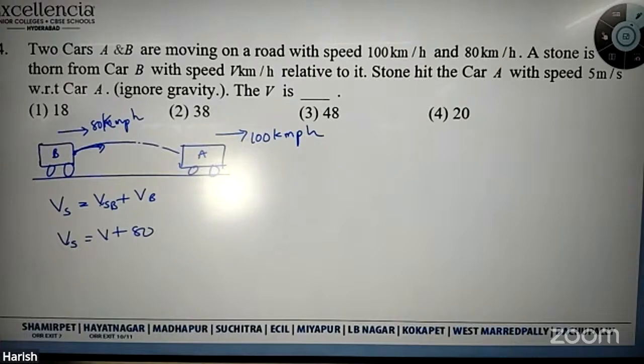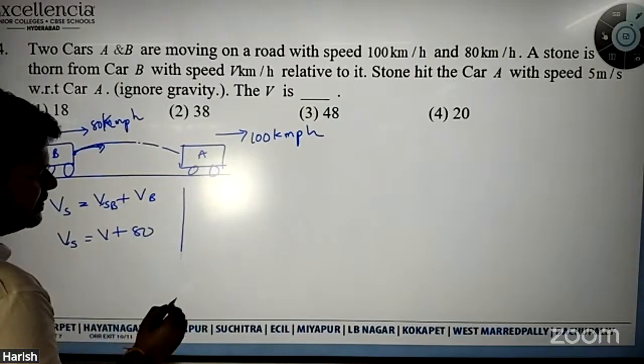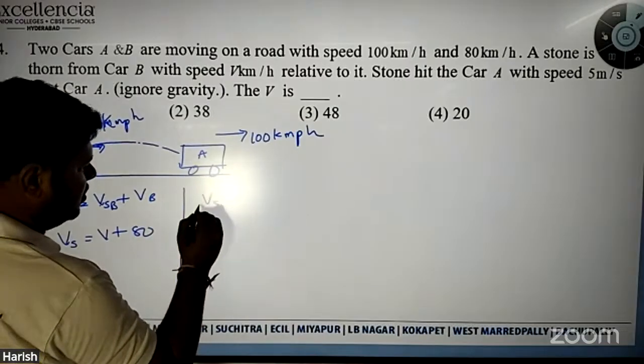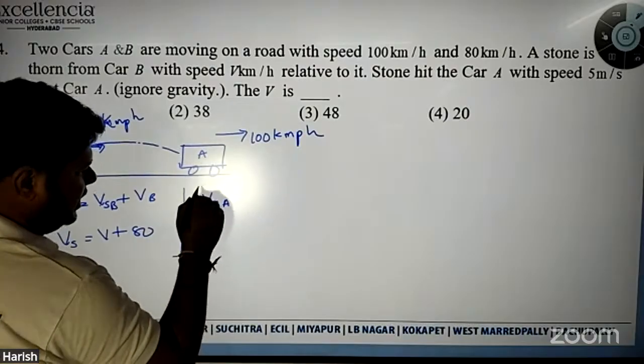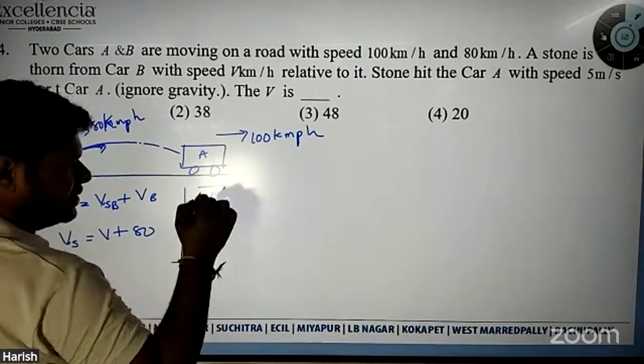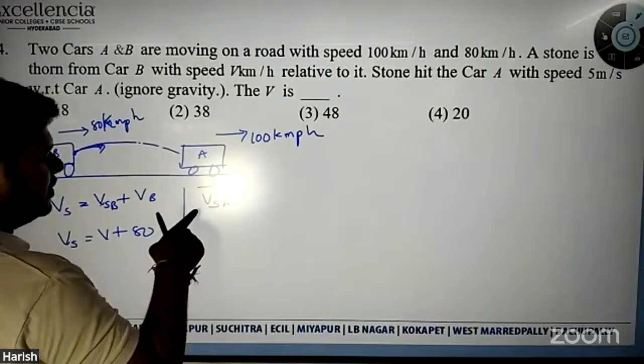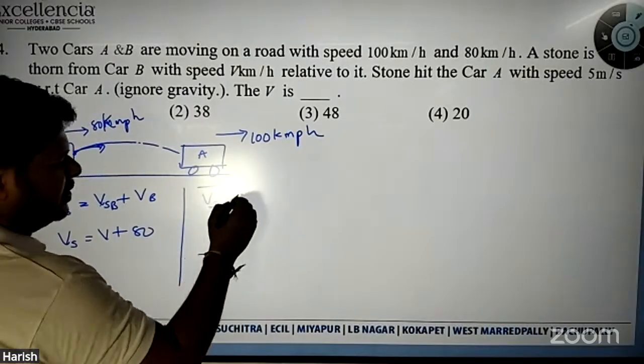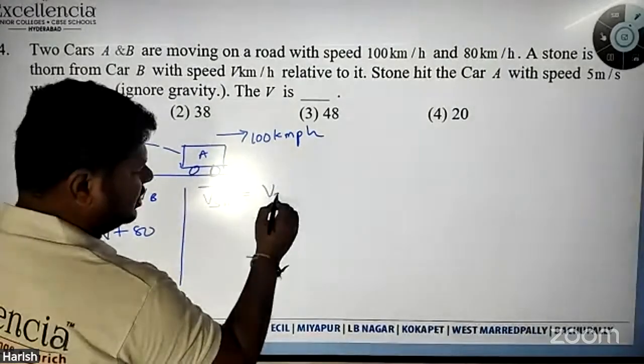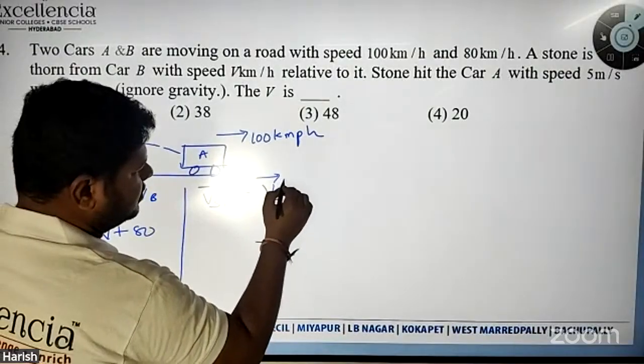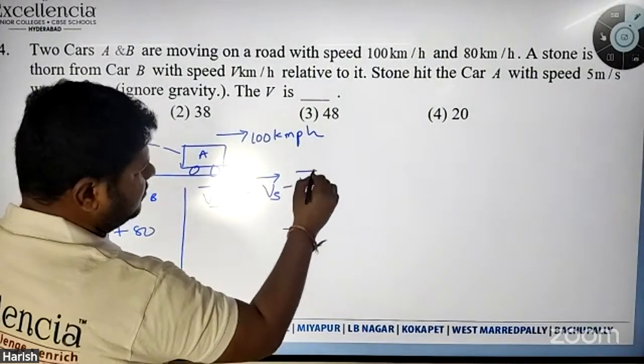Now this stone strikes A with a speed of 5 meters per second with respect to car A. So now they are saying the speed of the stone with respect to car A. First I'll take the vector relation, then I'll go for magnitudes. So the speed of the stone with respect to A is given by Vs bar minus Va bar.